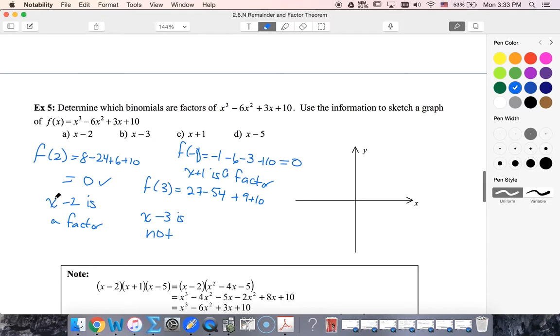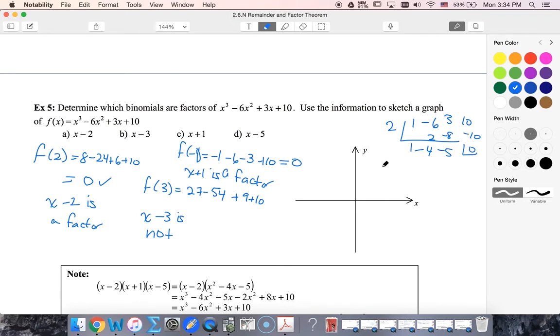So I know that 2 was a factor. So 2, and then I've got my 1, negative 6, 3, 10. So 1, 2, negative 4. That's going to give me negative 8, negative 5, negative 10, remainder 0.